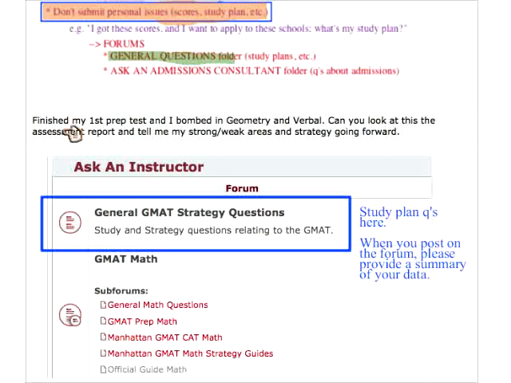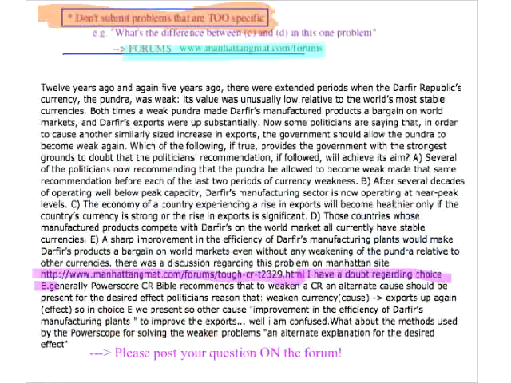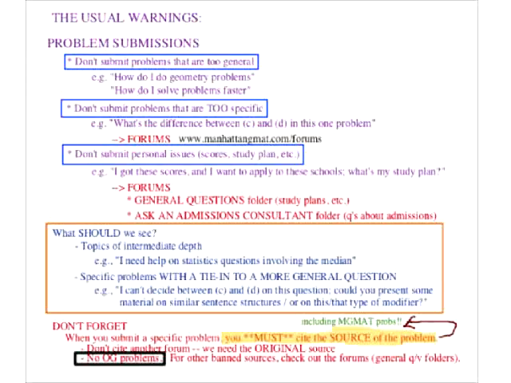Okay, so what do we want to see? We want to see some sort of general, medium-length idea, as we said here. One from a while ago, a person asked about the median in statistics questions, so that became the topic of a later lecture.